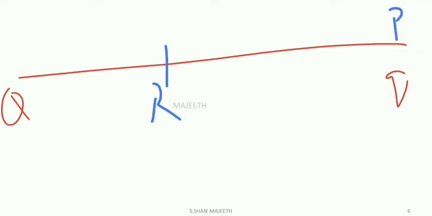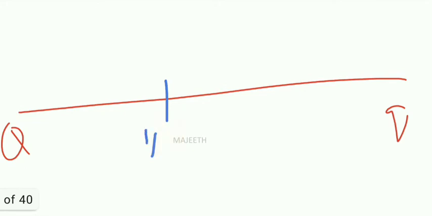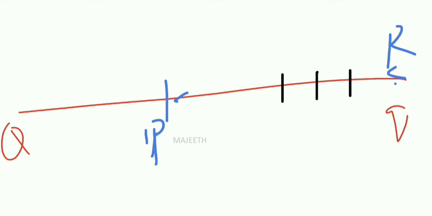Here we have the source charge, and here we have the test charge. Let us assume this is point P and this is point R. I am moving the charge from this location to here. We cannot find it in general because the charge is moving at every location. So I split the total length into small segments and find the amount of work done to move the charge from this point to this point.